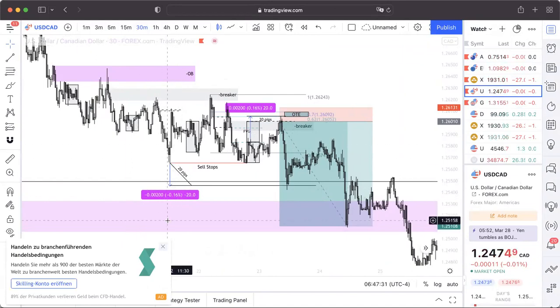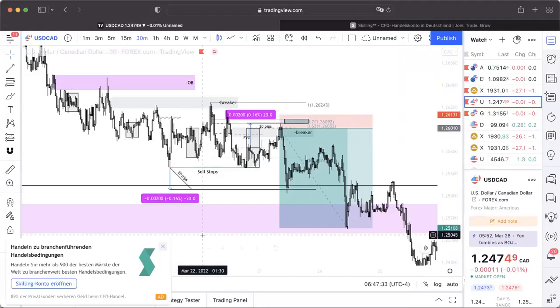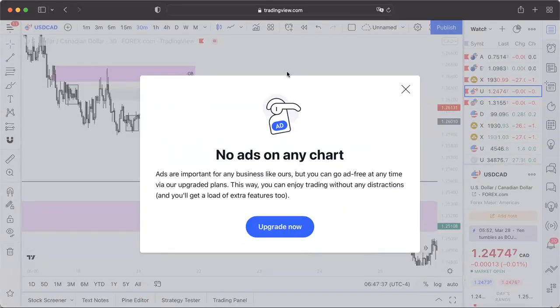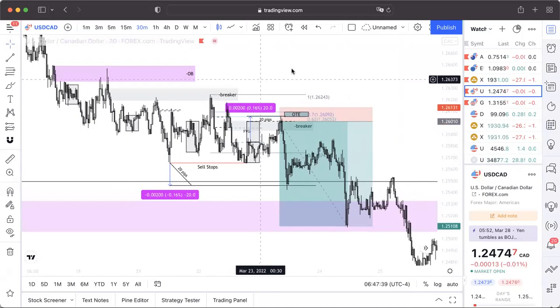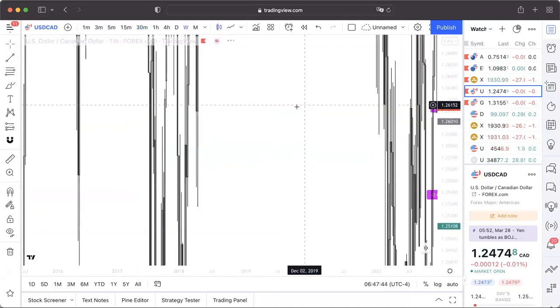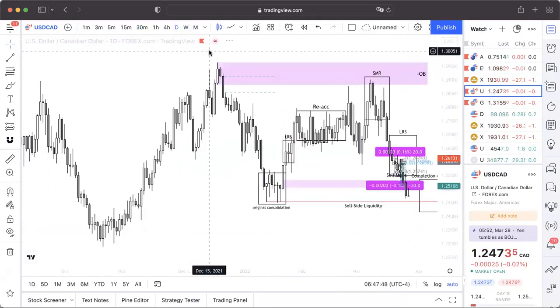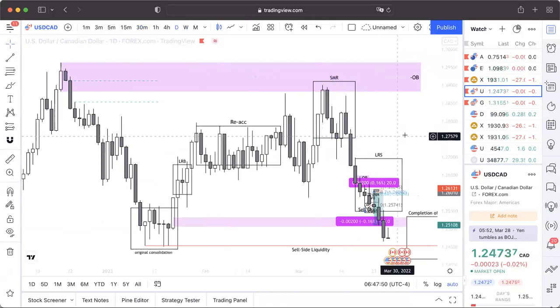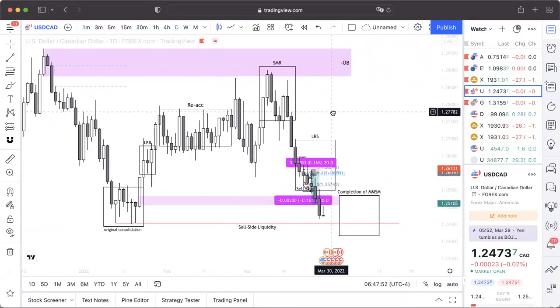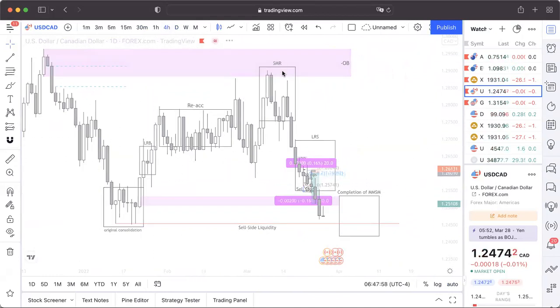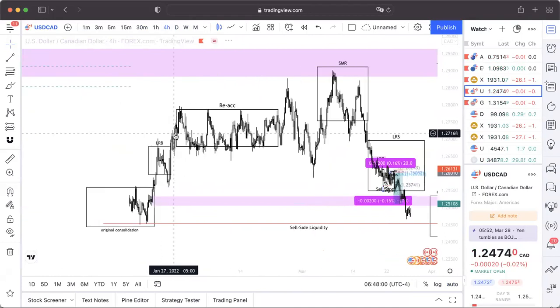Another thing that's kind of interesting: if you check US dollar Canadian yen, on the weekly or probably the daily, you'll also see the market maker model. See that? This was the original consolidation, the low risk buy. Obviously on the 4 hour you can see it much better.